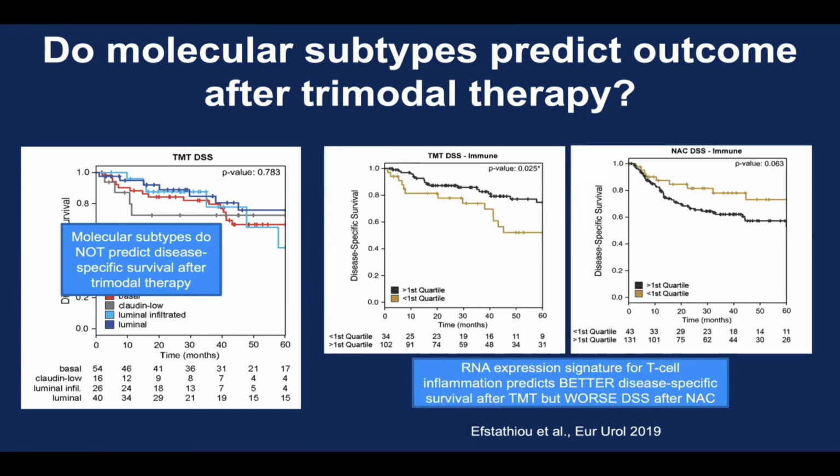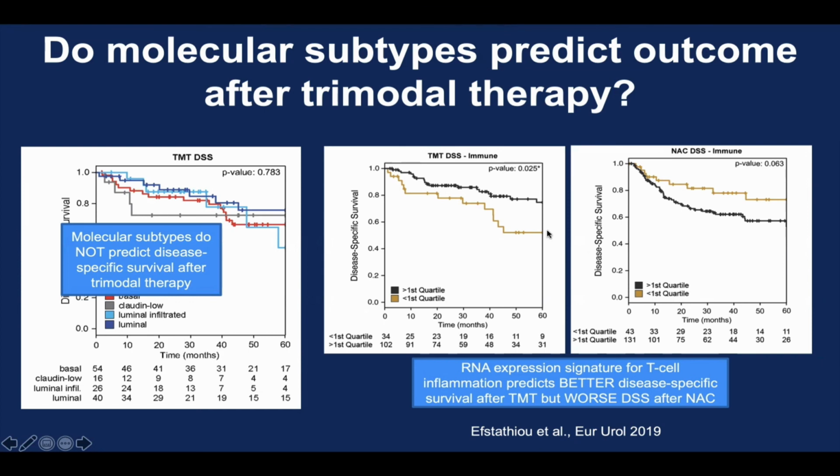And if you look at immune scores, and part of the luminal infiltrated does include immune infiltration, although it's also stromal infiltration, in the patients treated with trimodal therapy, if they have highly immune tumors, they do better than the rest. This is the first quartile versus the other 3 quartiles. Whereas in neoadjuvant chemotherapy, it's the other way around. The more immune tumors do worse.